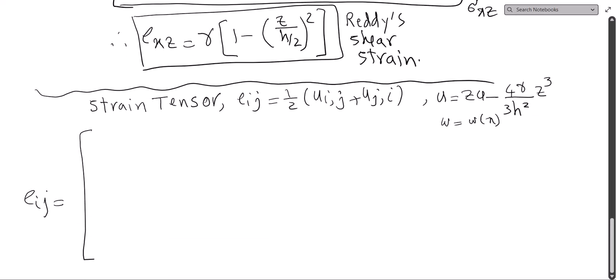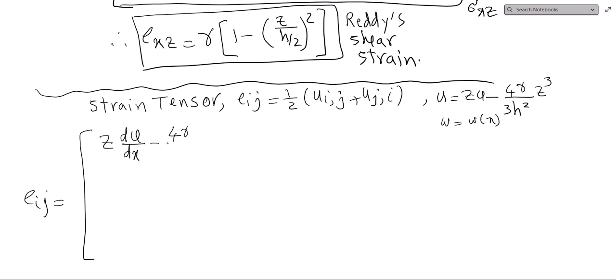Now we come here and say derivative of this with respect to x is z d phi dx minus 4 gamma over 3h to power 3 z cube.